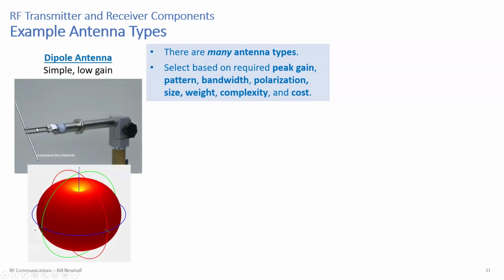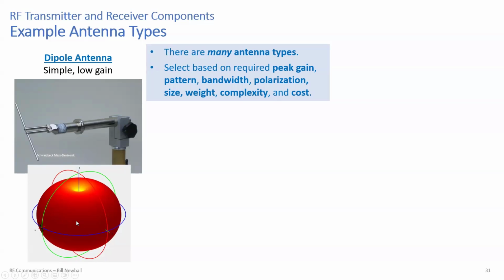A dipole antenna is an antenna that has a feed point in the center and has two legs coming out from that center. And those legs are typically a quarter wavelength long, so that sets the size of the antenna. The pattern of the dipole antenna, the radiation pattern, looks something like this. In this case, the dipole would be oriented along the z-axis.